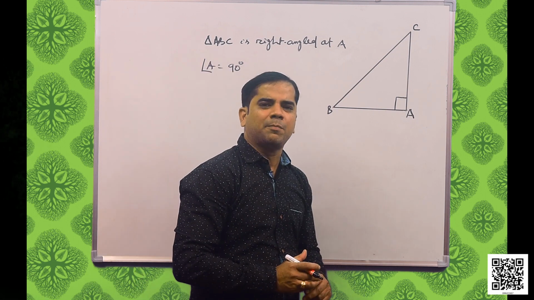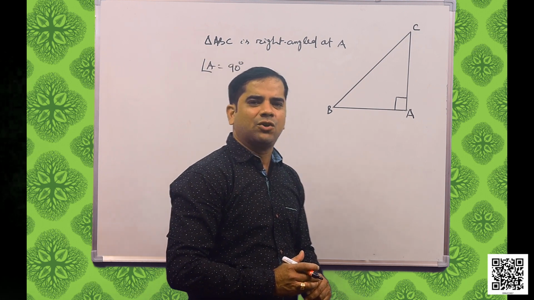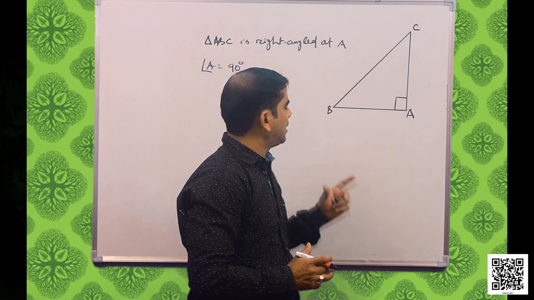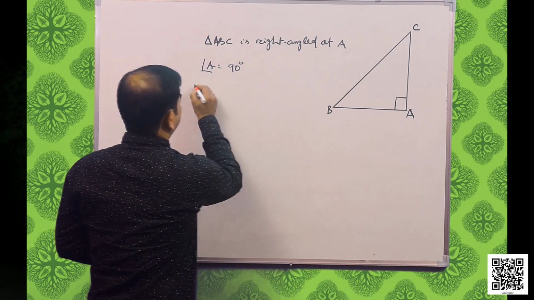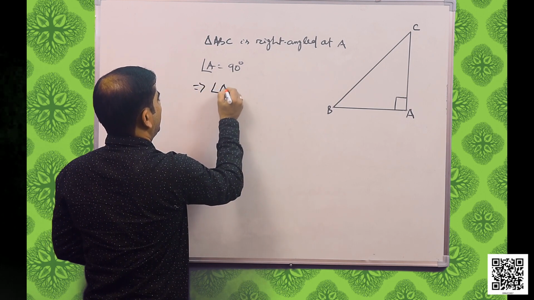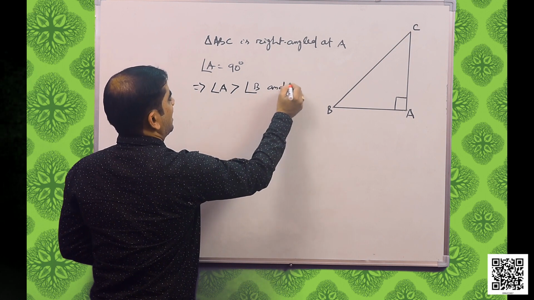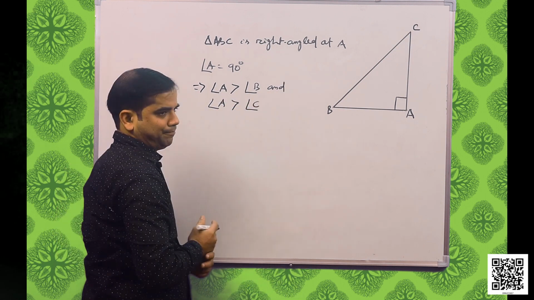Because the angle sum property says that the sum of the angles of a triangle is equal to 180 degree. So, as angle A is 90 degree, sum of angle B and C is 90 degree. That's why angle A is greater than angle B and angle A is also greater than angle C.